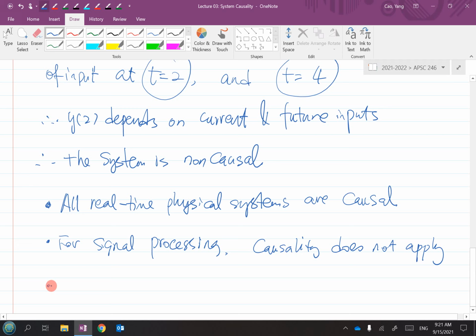Okay, to put it in very simple language, if you want to reiterate this, maybe I'll write it on one more line right here.